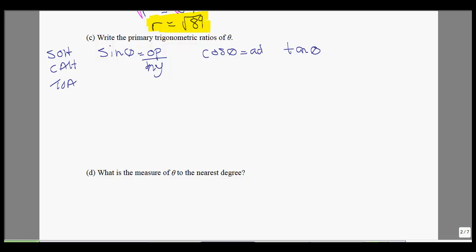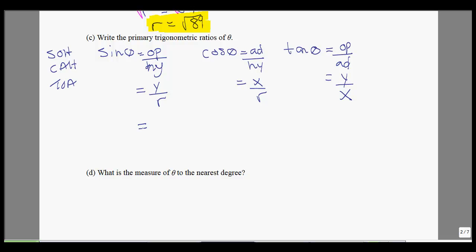Our cos is our adjacent over our hypotenuse. And our tan is our opposite over our adjacent. Another way of writing that in terms of x, y, and r is our y over our r for opposite, our x over our r for adjacent, and our y over our x for opposite over adjacent.